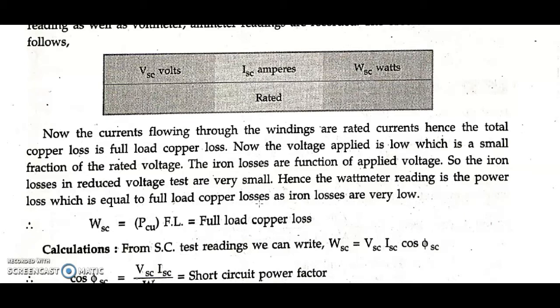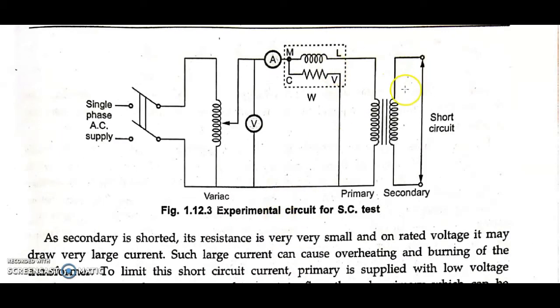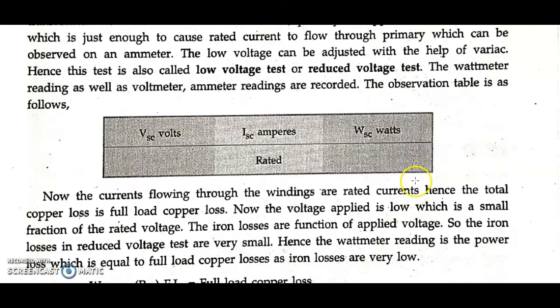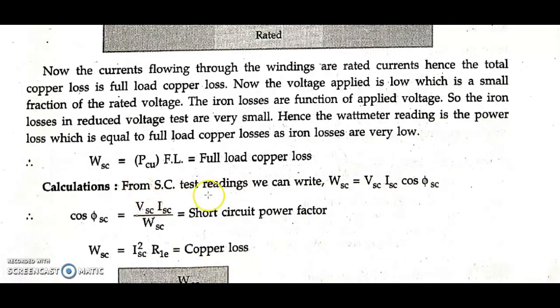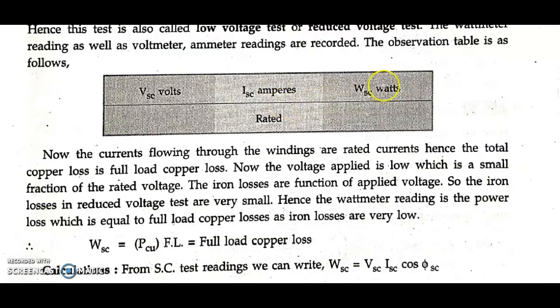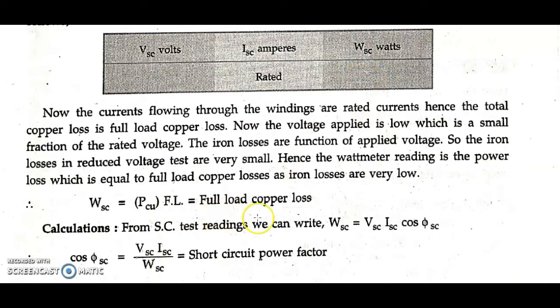Still, we call it an indirect load test, as we are not using an actual load. That is the reason we call it an indirect test. The wire you use to short the secondary winding acts like a load indirectly. So whatever WSC reads gives the full load copper loss.